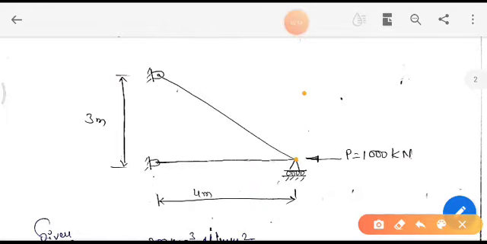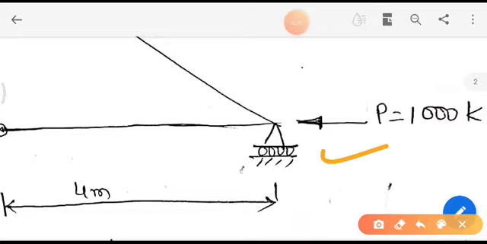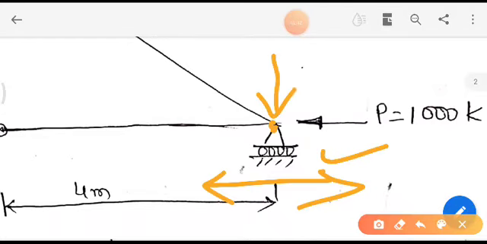Here I will write this is node 2, for example. You can see this figure has rollers. Here you have a roller support, in the sense this joint can move in the x direction, positive or negative. But vertical movement is restricted by this joint.